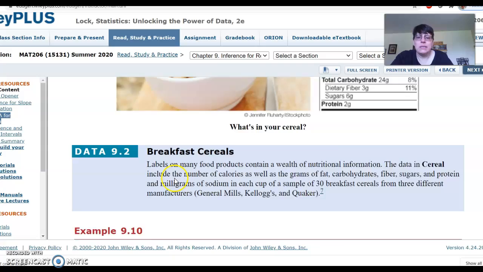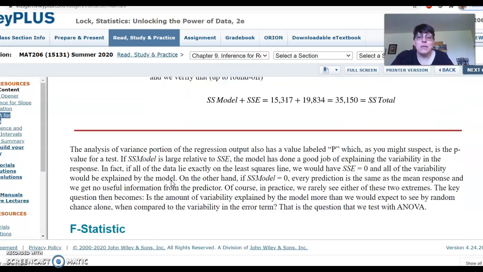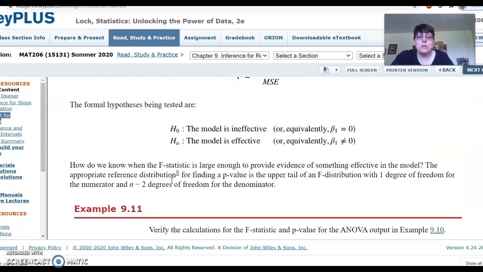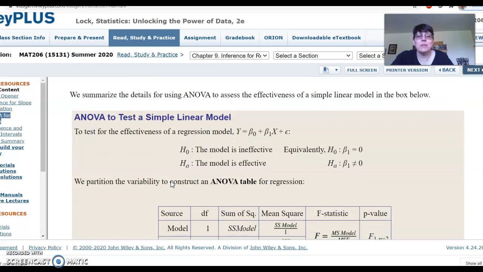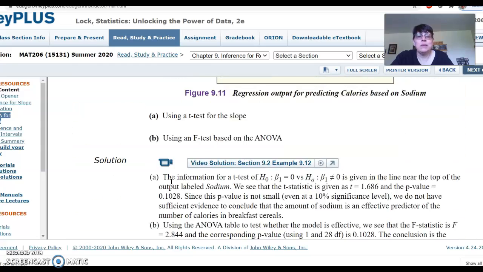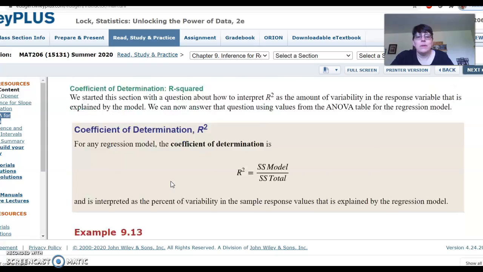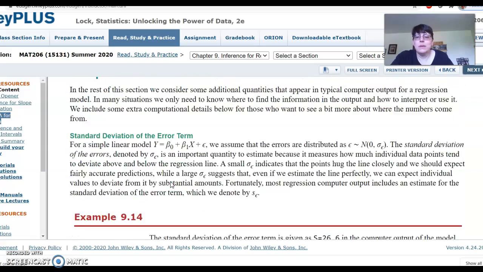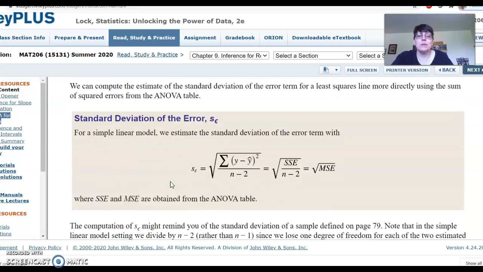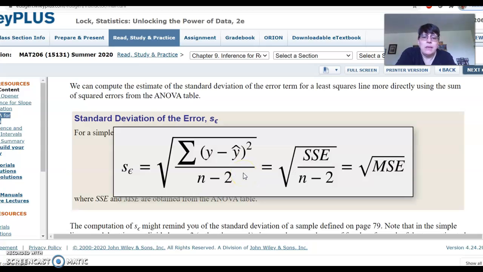And then to get the standard deviation of the error, we divide it by the degrees of freedom of the error, and then take the square root. So we can do this in Excel.